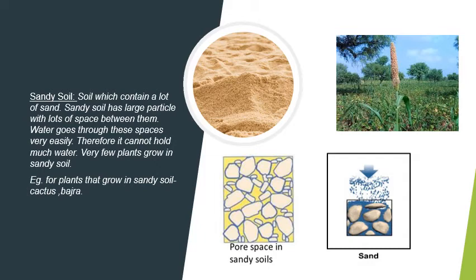Therefore, it cannot hold much water. Briefly, sandy soil can hold more air but not water. Very few plants grow in sandy soil. Examples of plants that grow in sandy soil are cactus and bajra.